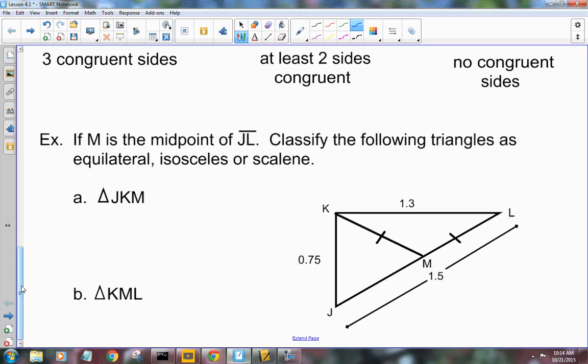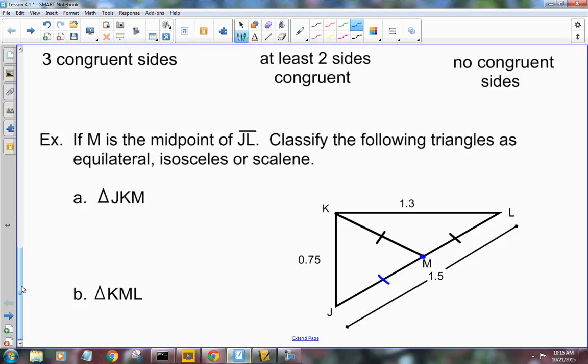Okay, so here's an example. It says, if M is the midpoint of JL, classify the following triangles as equilateral, isosceles, or scalene. Now, the first thing it tells us is that M is the midpoint of JL. What can we get from that? Well, that is true, but that's not what we get from the midpoint. That would be segment addition postulate. What we get from M being the midpoint is that JM is congruent to ML.